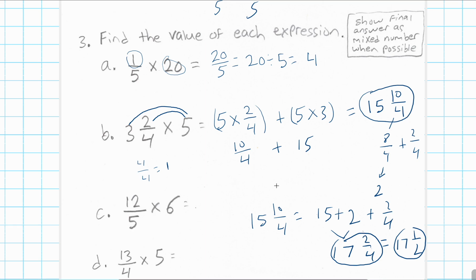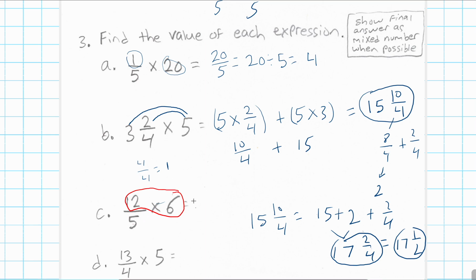Okay, now to solve this one. 12 fifths times 6. Okay, so let's use a different color for this one. So we're going to multiply this whole number by this numerator, and we're going to keep our denominator.